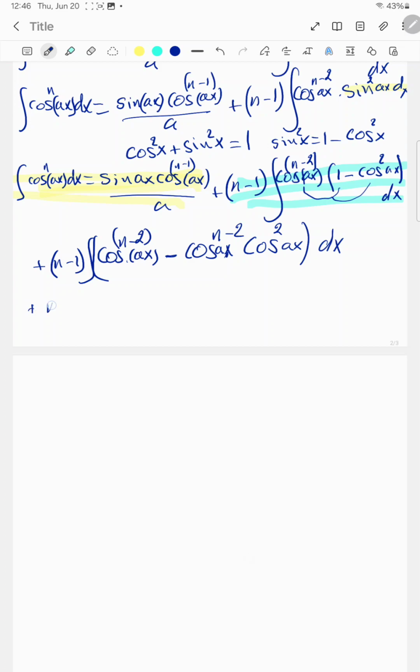So I have plus n minus 1 integral of cosine n minus 2 ax. And if I multiply cosine n minus 2 times cosine square, I have to add the exponents together. I would have cosine n of ax dx.